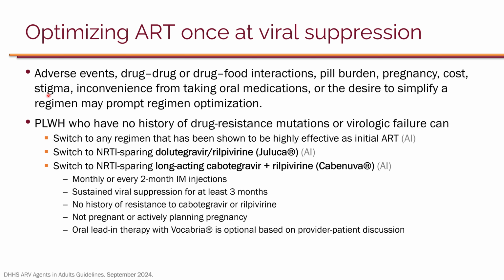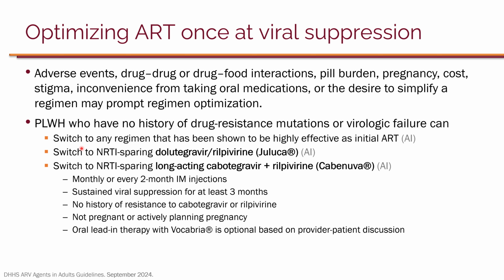For example, if it's an oral regimen that's visible to friends and colleagues, that could cause stigma issues for the patient. So perhaps an injectable that's not visible to other people might be a strategy to overcome this, and many other things that we can factor.